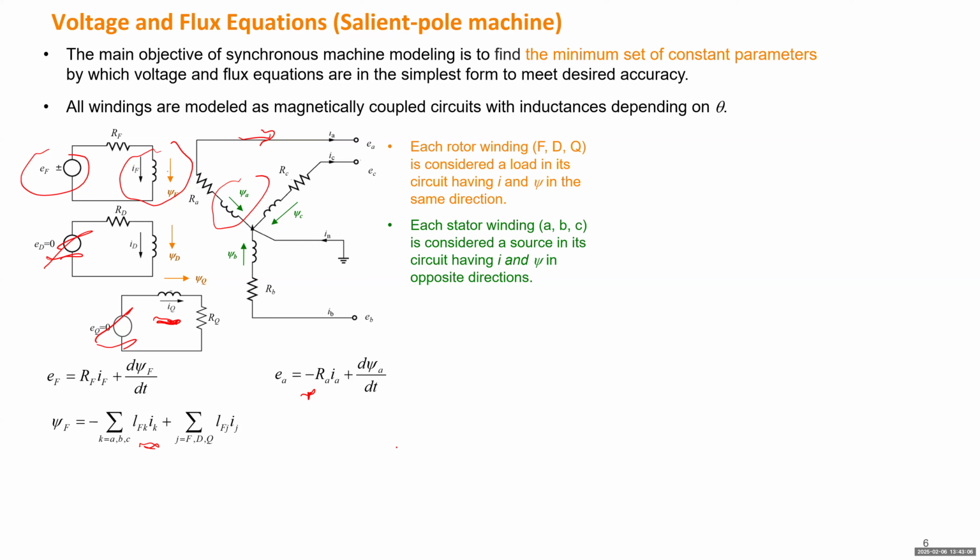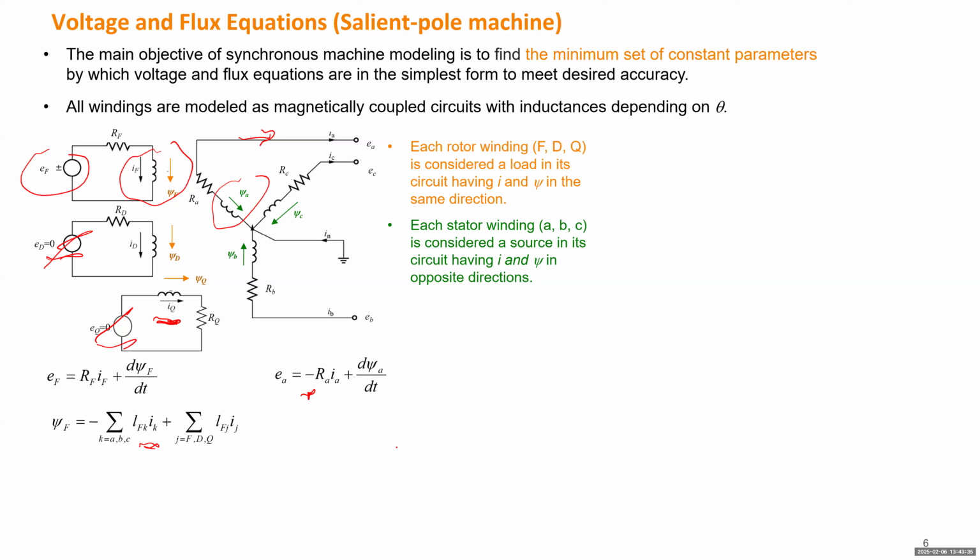Because for this one we want to calculate the flux linkage in the winding F, each atom will be some mutual inductance with one subscript, which is capital F, and the second subscript will be either A, B, C, or F, D, Q. And then the current will be the same current in that winding.